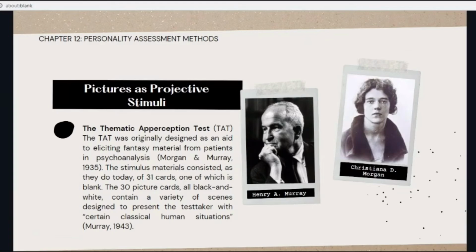Yes, naay blank na card sa TAT. And naa po na siya reason or naa na siya corresponding instruction on that particular card. So the drawings of these pictures can look realistic or surrealistic. So depende na siya. Naay drawings na realistic, naay drawings na medyo cartoony siya.